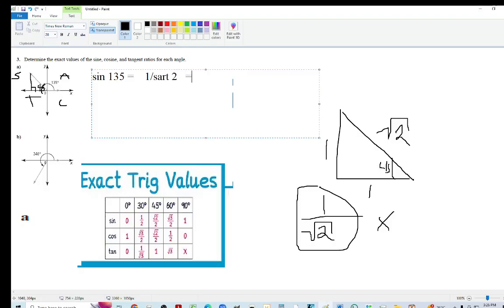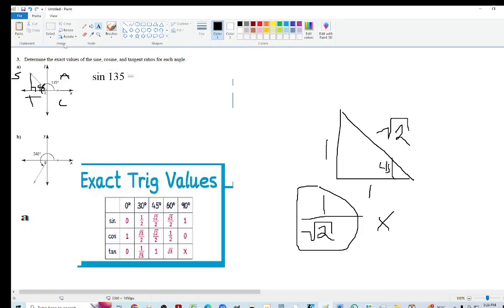Or square root of 2 over 2. So sine of 135, because it's positive. The answer is just stolen from the table, but the table comes from the triangle I just drew. Although when you're first learning this triangle, it's really 1 over square root of 2.